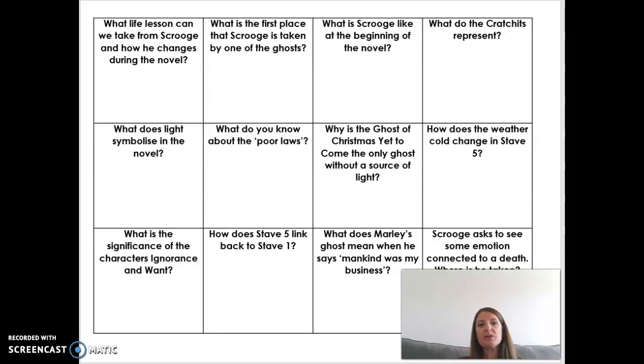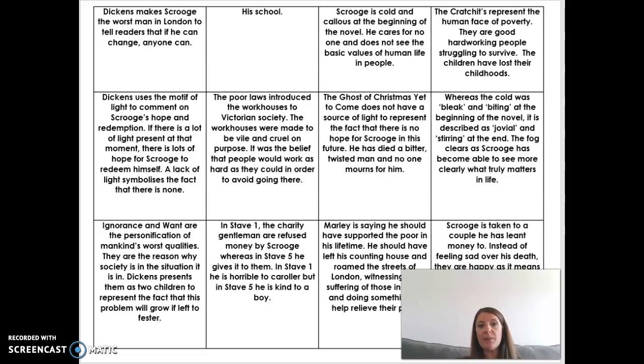Okay, the next question then was about the symbolic function of light in the play. I think this is really similar to Macbeth, really. Light symbolises goodness, and it does in this novel as well. It symbolises the hope of goodness, that there is something pure, something better within Scrooge.